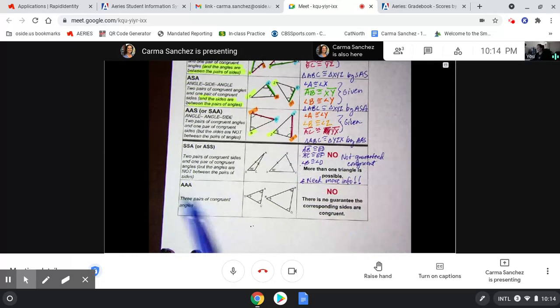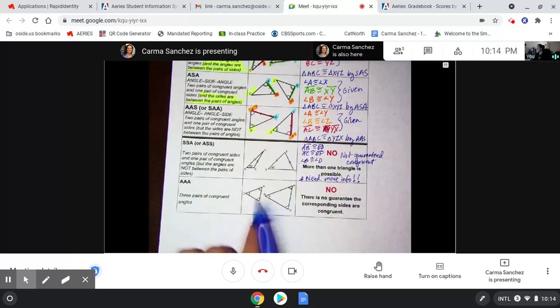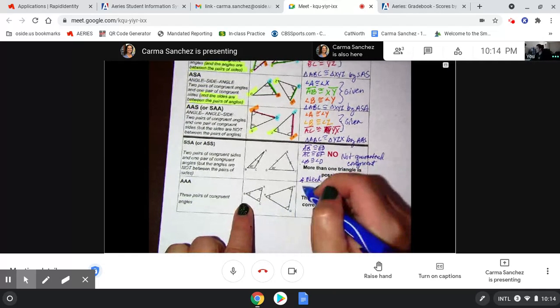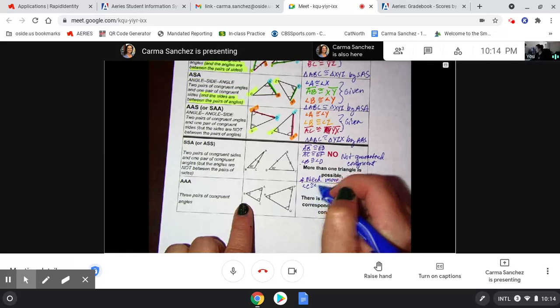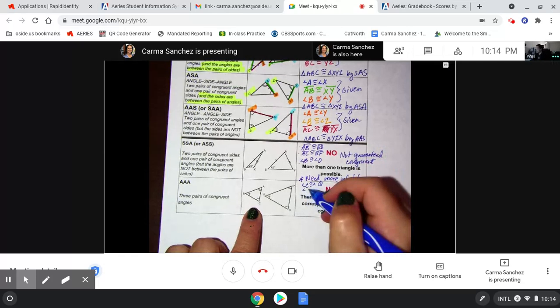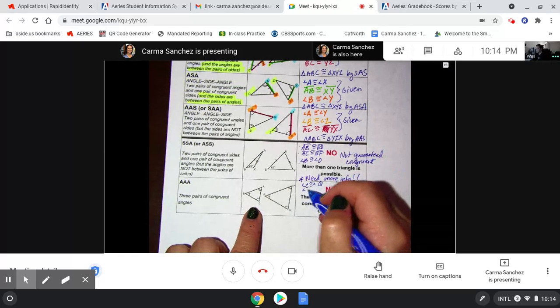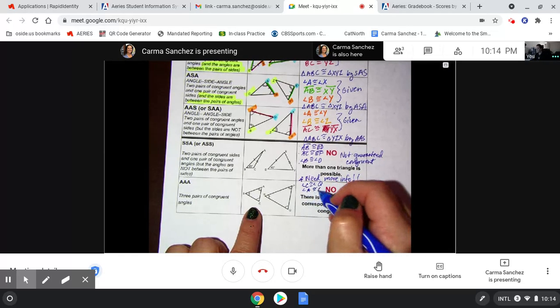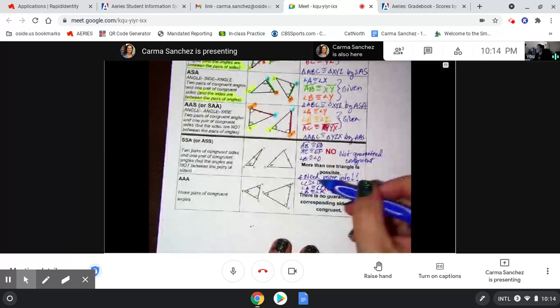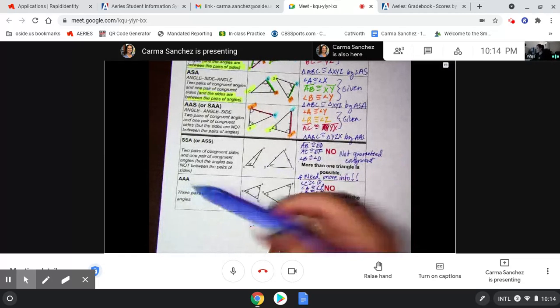Okay, what about AAA? Look, these three angles are the same and these three angles are the same, but they are definitely two different sized triangles. So you'd be like, okay, angle C is congruent to angle Q. Angle A is congruent to angle P. And angle B is congruent to angle R. And even though I have those three angles, I'm like, wait, AAA is not enough.